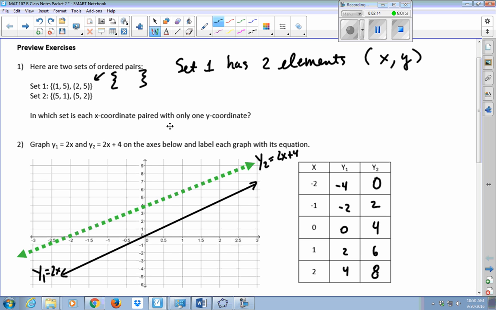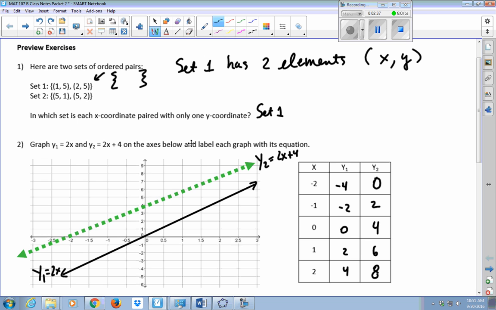Okay, so the question says, in which set is each x coordinate paired with only one y coordinate? I looked around, and what did you have on your papers for that? Set 1, okay? I think everybody got the answer to that correctly. Yeah, Victor?